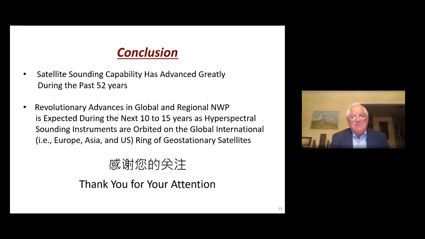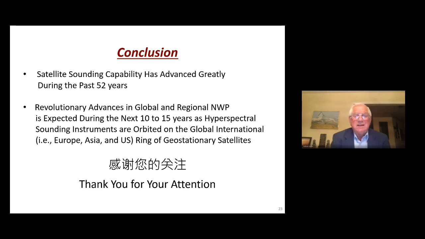And unfortunately, the numerical modeling centers are still not using the data properly in the sense of using all the information that's provided. They tend to use just a small subset of spectral channels and assimilate radiances rather than retrievals, which are based on all the spectral channels, as I was showing earlier. But once they start doing that, then they're going to see even much greater improvements in their forecasts.